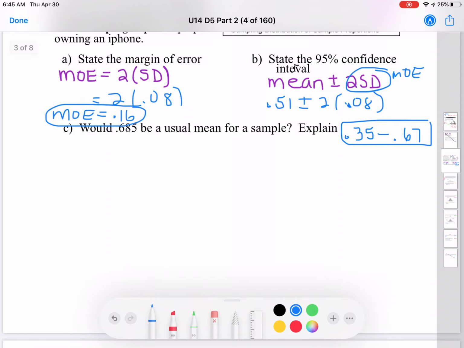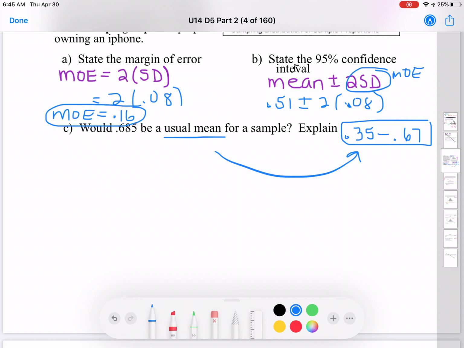All right, and now this question, it says, would 0.685 be a usual mean? Well, it's going to be usual if it falls within the 95% confidence interval. It'll be unusual if it falls outside of it. So would this one be usual?